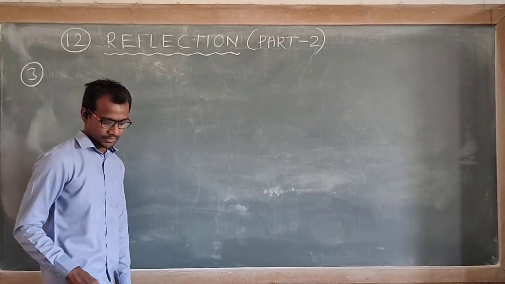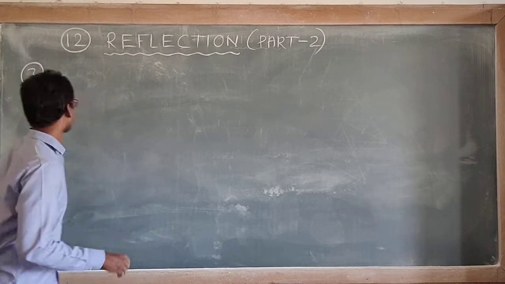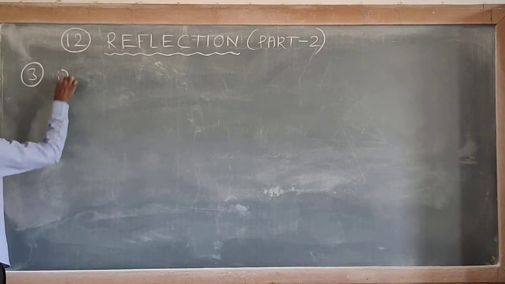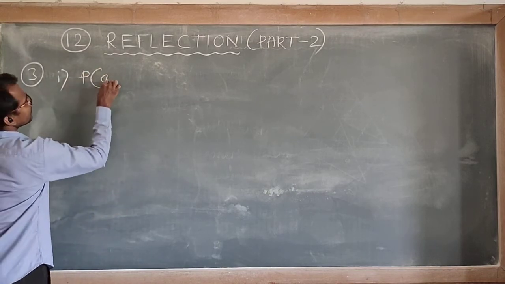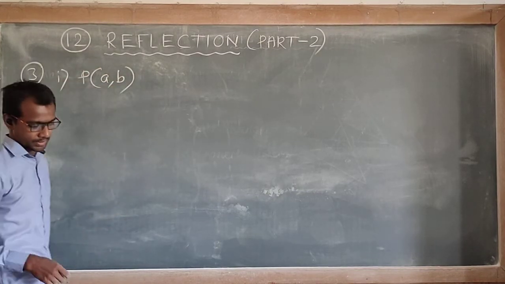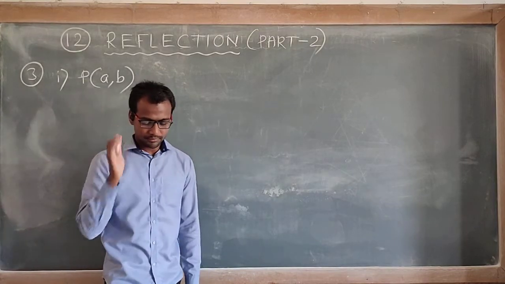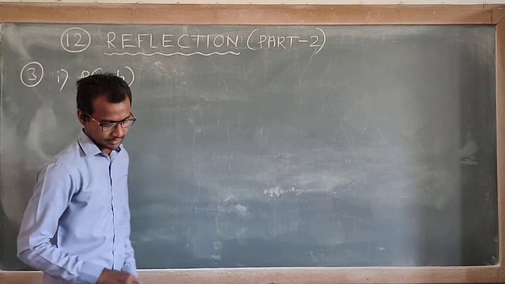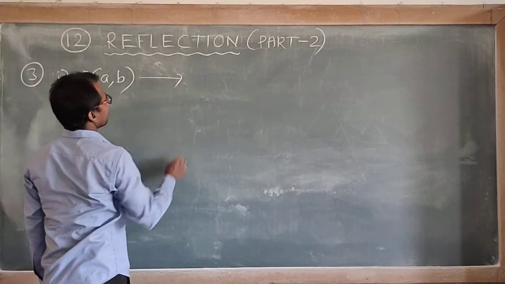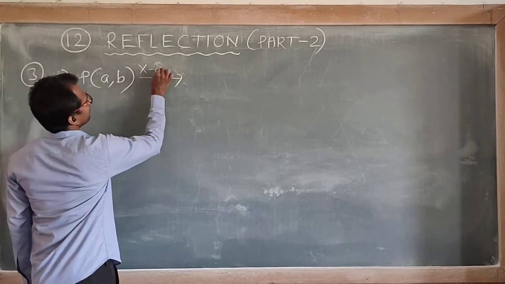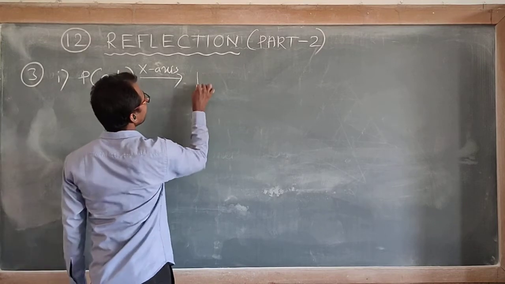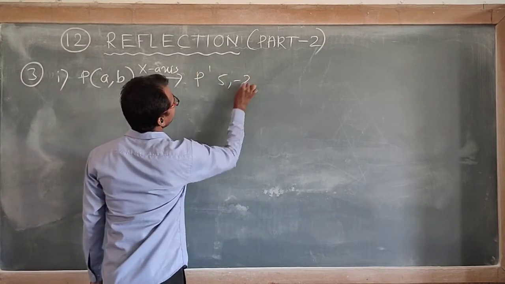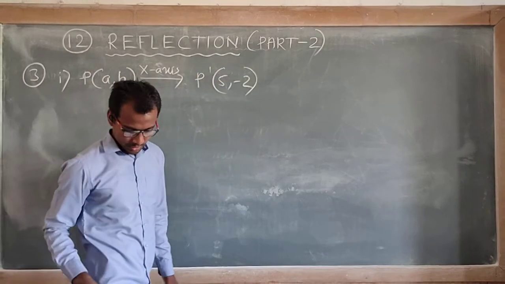First bit: point P with coordinates A comma B is reflected in the x-axis, and we get a point P dash 5 comma minus 2.